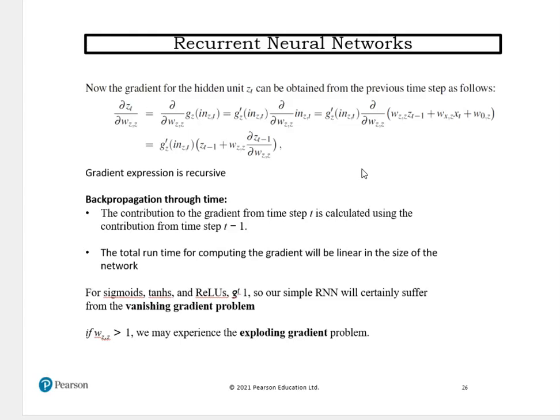The second thing you need to note is that if we iterate the recursive calculation, we see that the gradient at the end of the sequence, big T, will include terms proportional to all the weights from t equal 1 all the way to the end of the sequence.